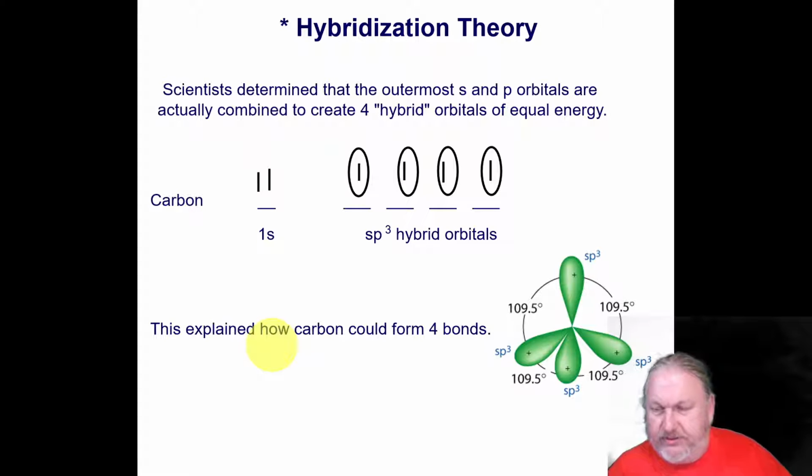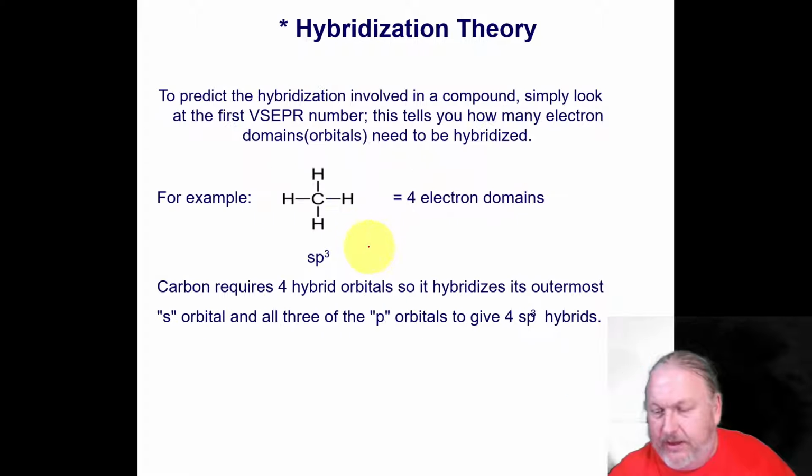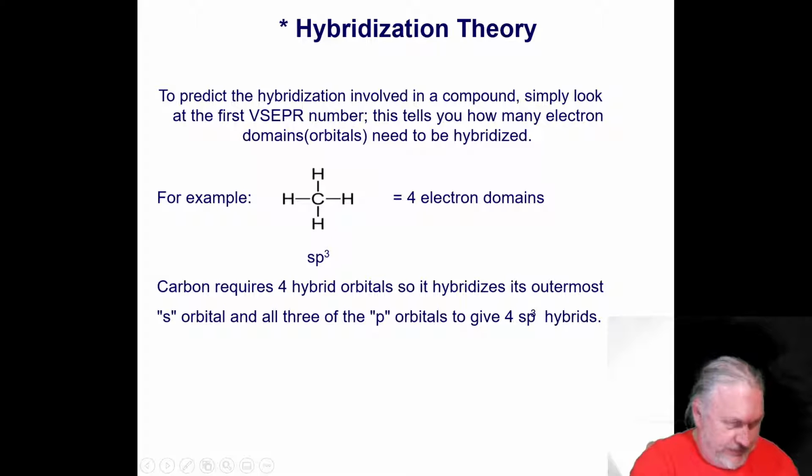So the theory is this, the hybridization theory, is that the s and the p orbitals are so close together that carbon, and a lot of elements, and this is where we get expanded octets, will hybridize those s and p orbitals, and they'll make a unique orbital called the sp orbital.